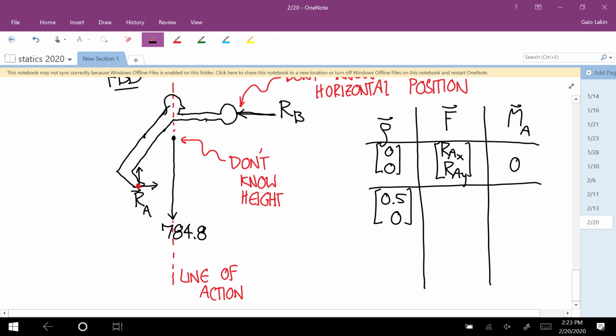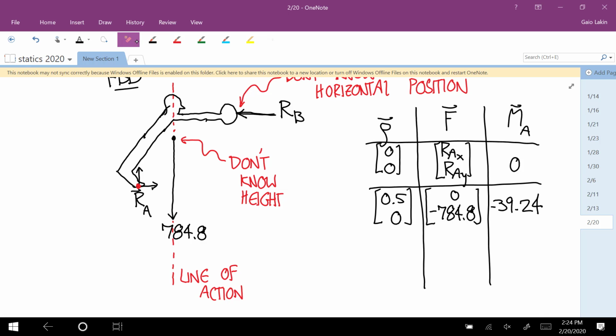We know it won't hurt anything. The force vector is 0, negative 784.8. Multiply those two together and you get negative 392.4.